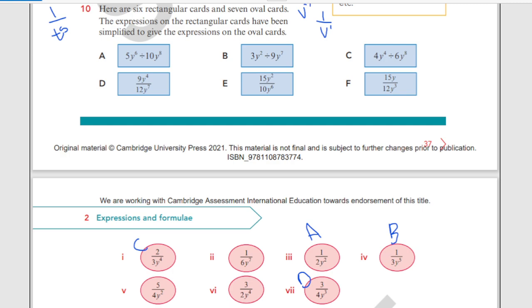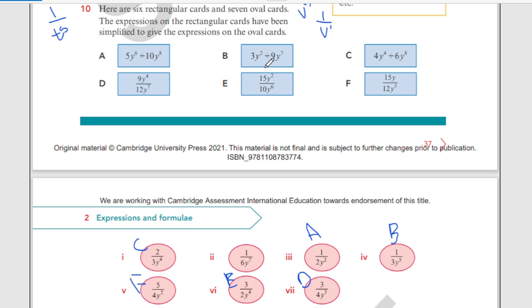Then for part E, 15 over 10, you can simplify by the 5 table, it will be 3 over 2. 3 over 2 goes with this one, because 2 minus 6 will be 4. So this is E. And for F, 15 divided by 12, divide both by the 3 table, that will be 5 over 4. 5 over 4 is this one, and y minus 3 will be 2, so this goes for part F.